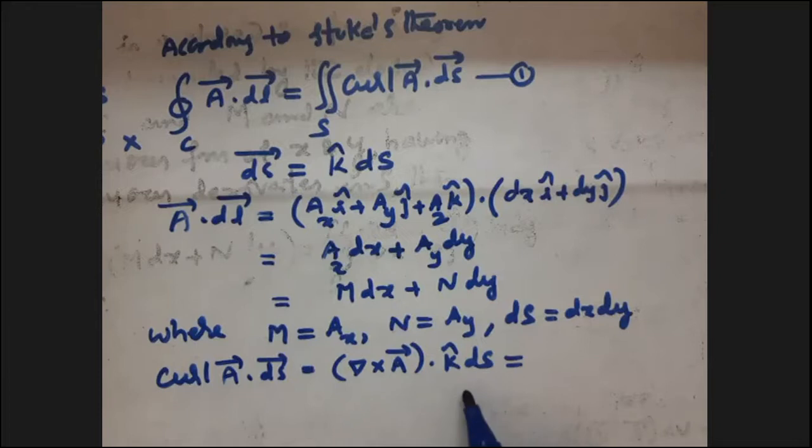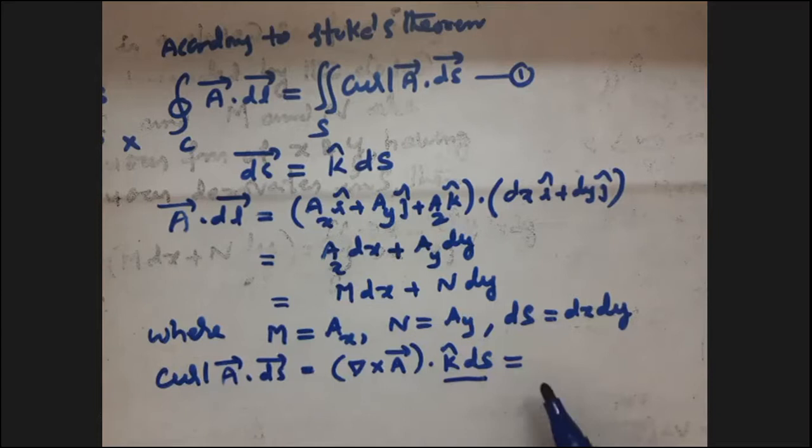Why? Because on the right side we have k cap ds. In the second vector there is no x component and no y component, only the z component. So by taking the dot product, the x component becomes 0, the y component becomes 0, and only the z component remains.